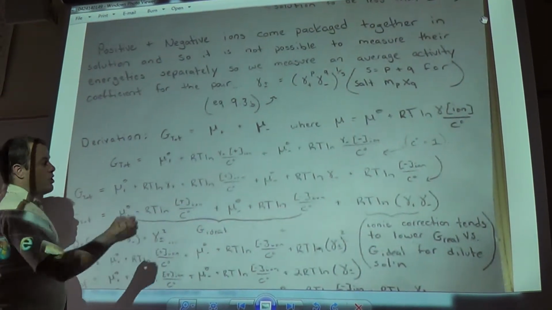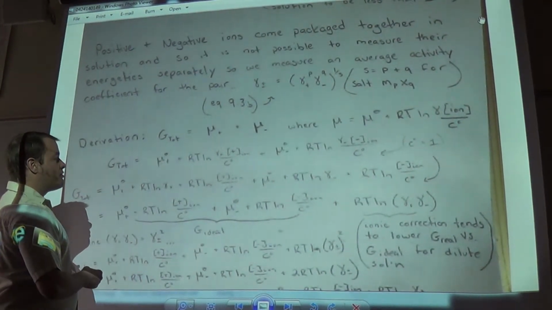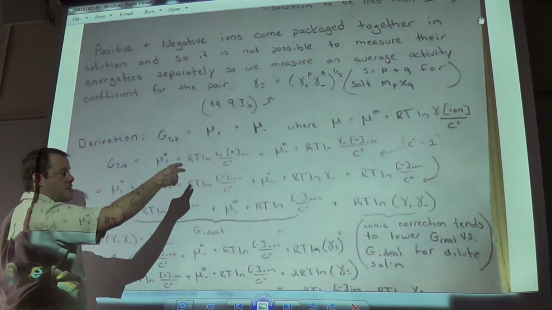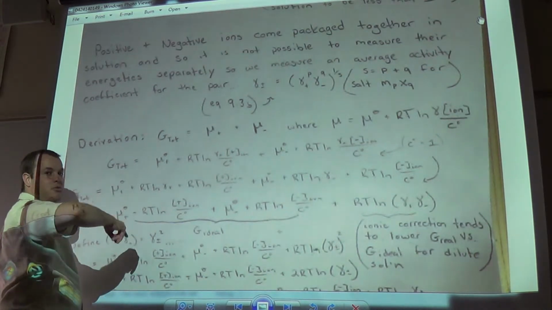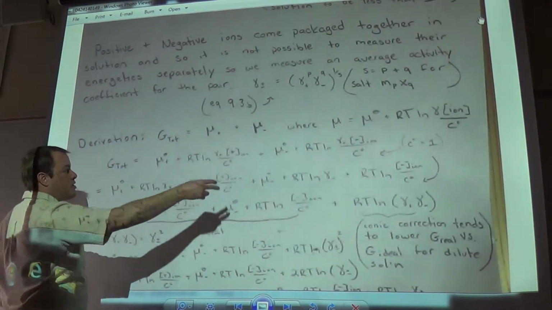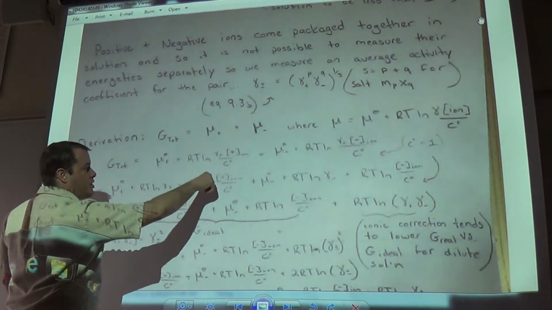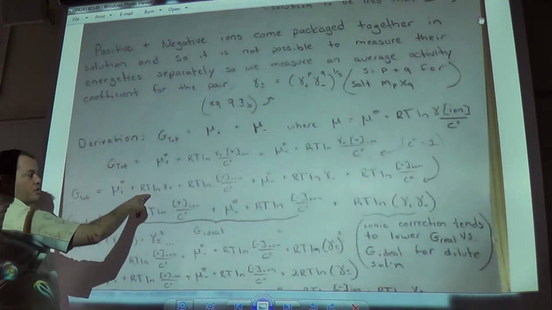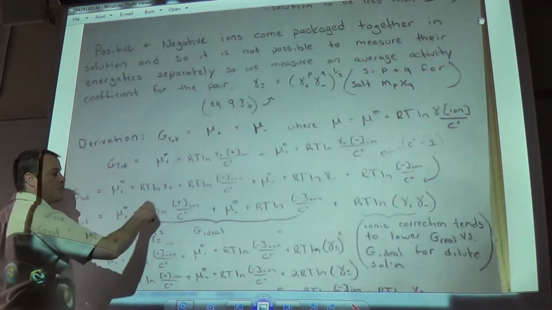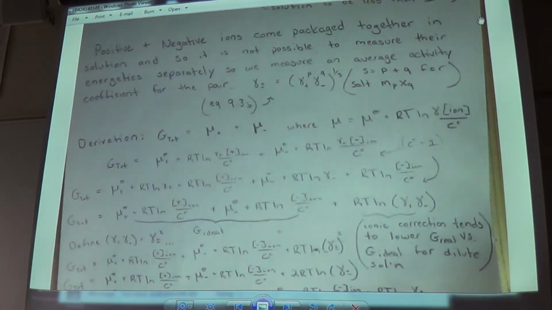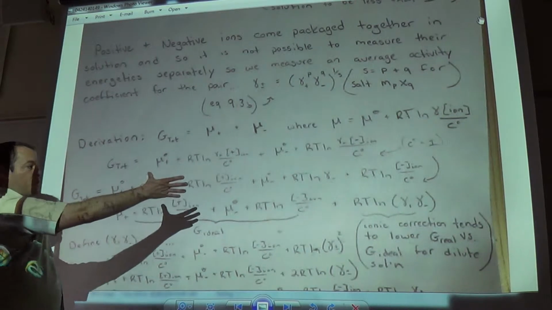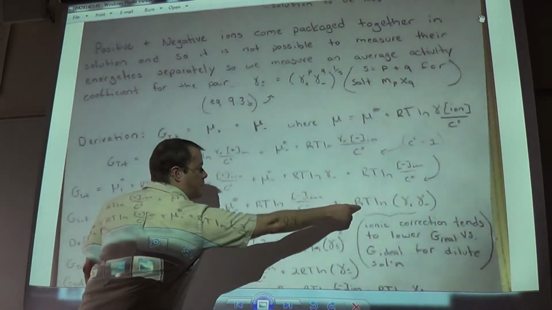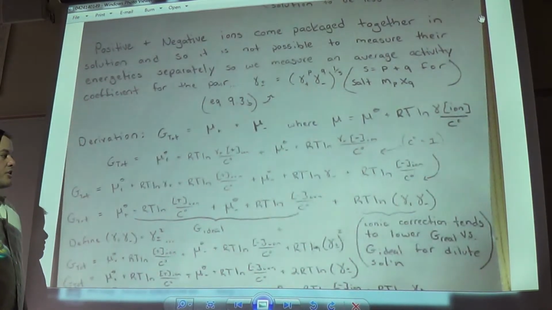And those natural log terms can be separated relatively easily because the log of something times something is the same thing as the log of that thing plus the log of the other thing. And so these terms, RT natural log of gamma times concentration, can be separated and turned into RT natural log of gamma plus RT natural log of concentration. We separate those guys out, and then we put the terms with gamma back together in one term.